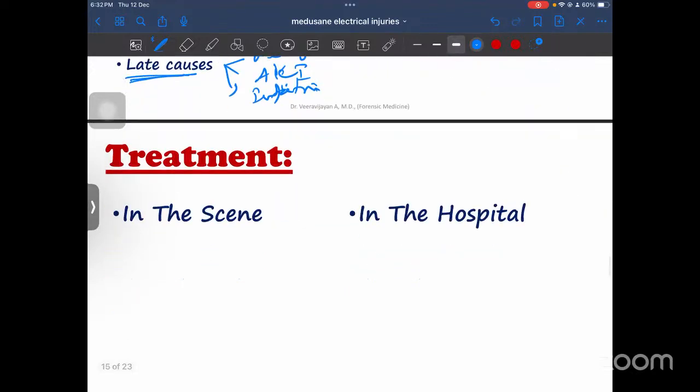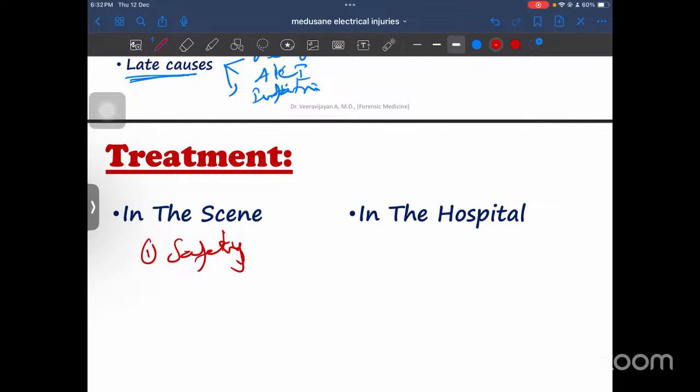So coming to the treatment, one is at the scene of the incident or accident, another one is in the hospital. At the scene of the accident, the first important point is safety of the rescuer. We have to take precautionary steps while entering the field. We have to make sure that the current is cut off or not.